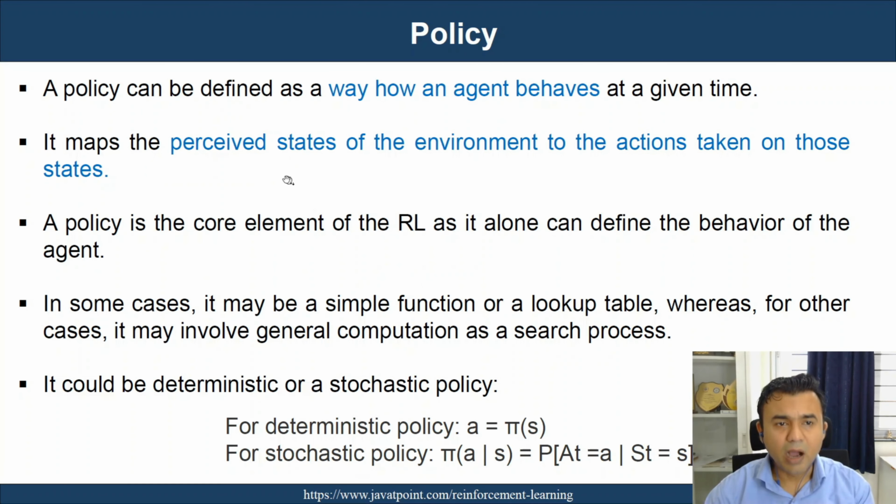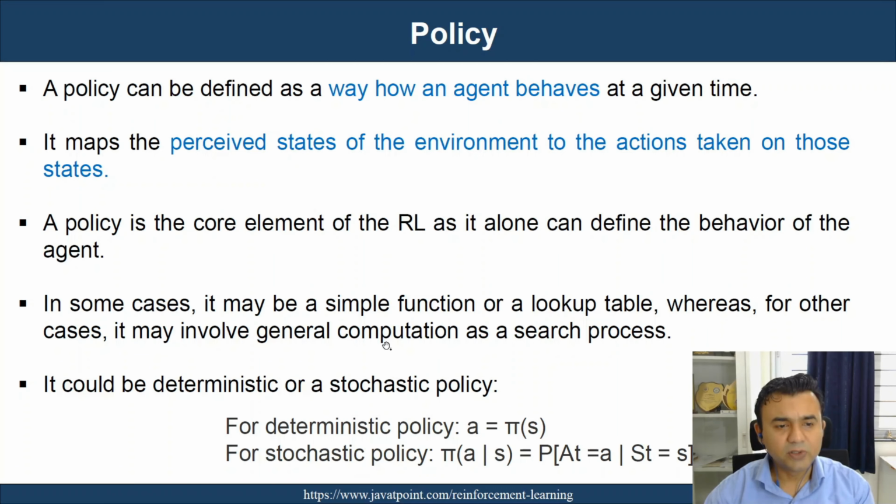Policy. A policy can be defined as the way an agent behaves at a given time. It maps the perceived states of the environment to the action taken on those states, right? So a policy is generally a core element of reinforcement learning.